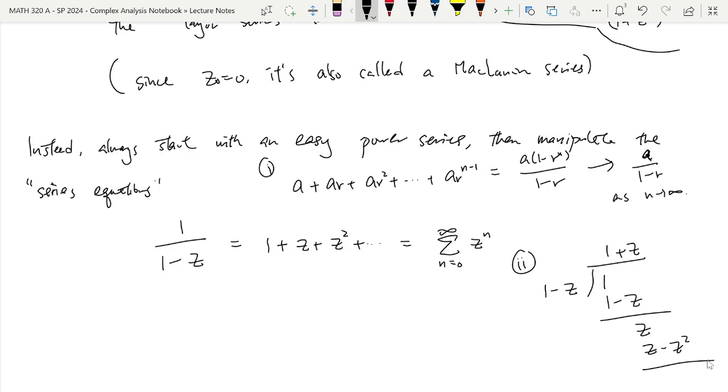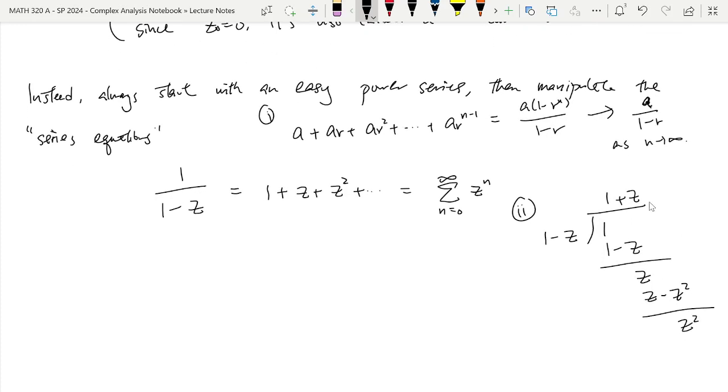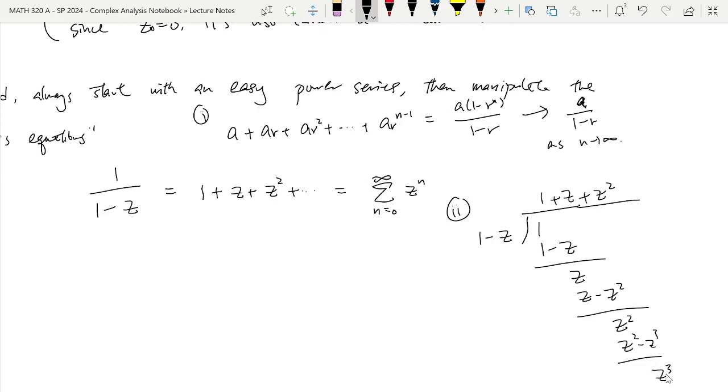So whatever is empty there means 0. And so you go down, you get z squared, and then this plus z squared, and so on. I think you can quickly see that there's a pattern. The remainder is always just the same kind of power function, but with the exponent one higher. And so the quotient has that pattern.